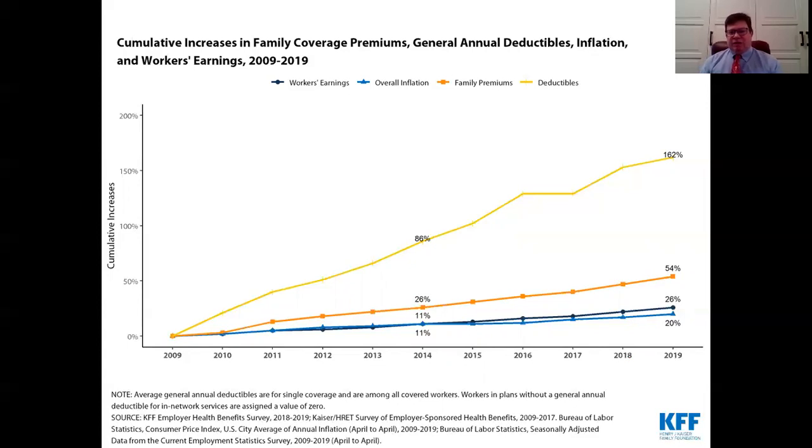Now, when you think in those terms, your earnings are going up 26%, but you have healthcare deductibles that are going up 162% and 54% for family premiums, it means that a larger portion of most Americans' budgets goes towards health insurance, just staying still with the same types of programs that they've had in the past.